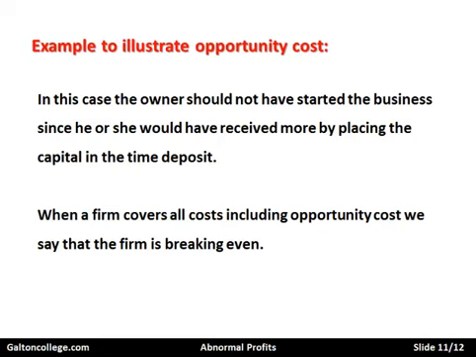So when we add those two together, we get the total cost. Now, any revenue over and above total cost, as defined like that, is abnormal profit. So once total costs are covered, any revenue over and above total cost is abnormal profit. And that's our definition of abnormal profit.